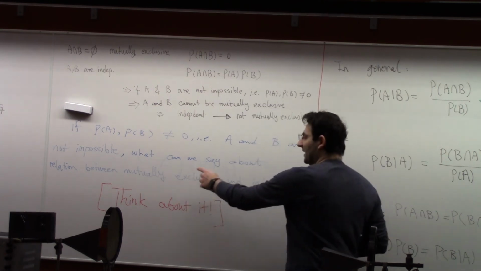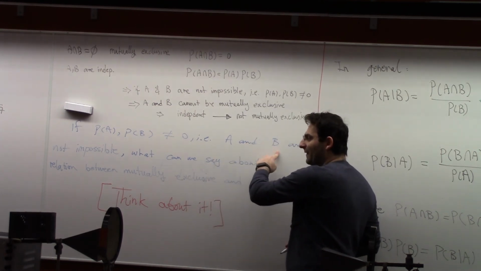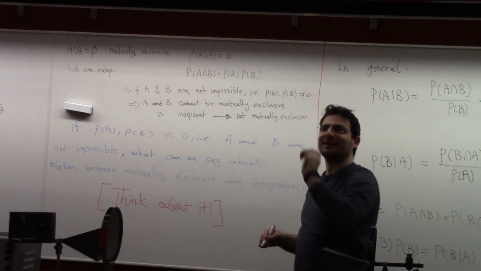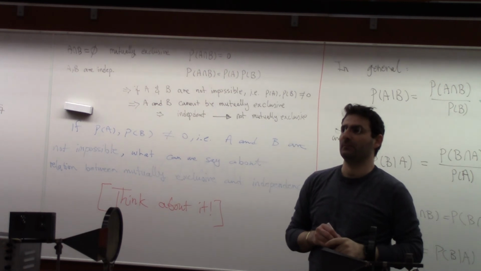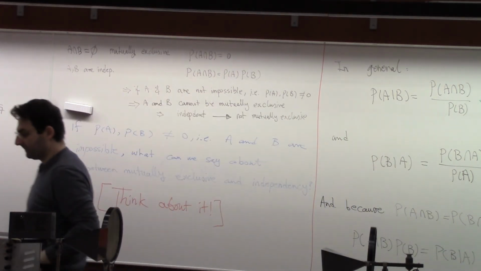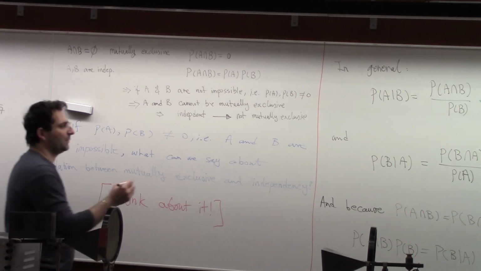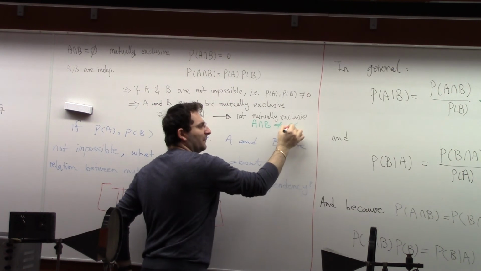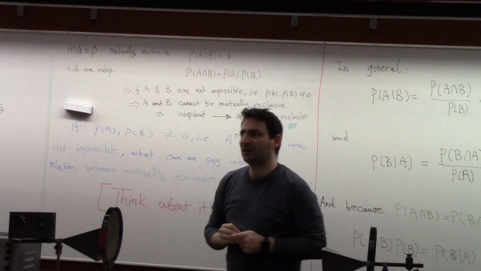In other words, if A and B are independent and they are not impossible, there is an intersection between A and B. In other words, A intersected by B is not empty. Definitely something is in there.